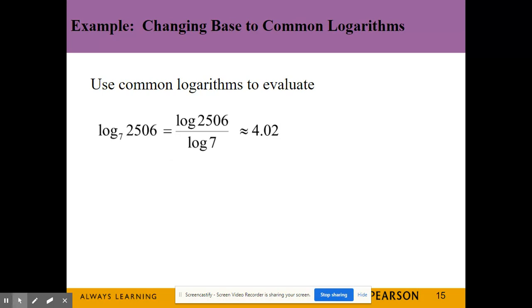Although when you get to MathXL to do the practice, you might have to do an example or a practice question where you have to show what the change of base formula is. You need to know the formula. But if you have an older calculator, you can type it in separately: log of 2,506 divided by log of 7. Either way, rounding to the nearest hundredth, you're going to get 4.02.